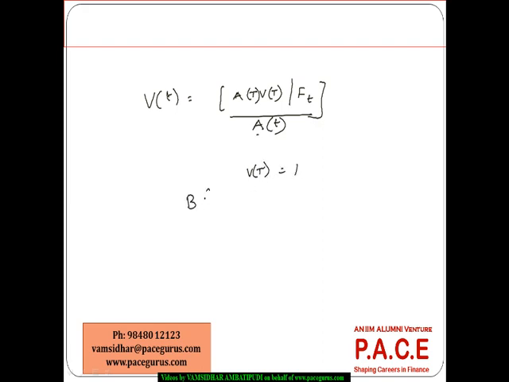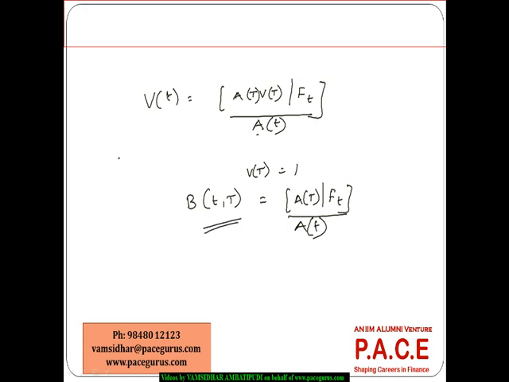So the zero coupon bond price works out as the expected value of the state price deflator at time T given the filtration at time t, divided by the state price deflator at time t. This is the price of the bond.